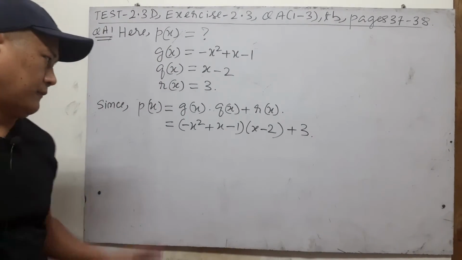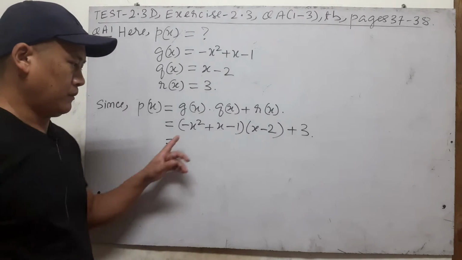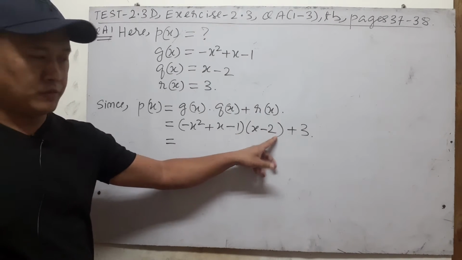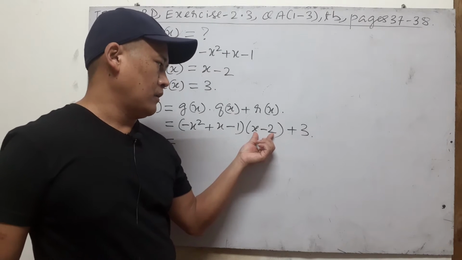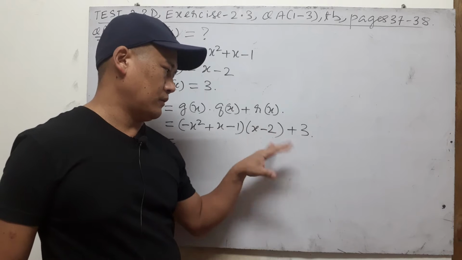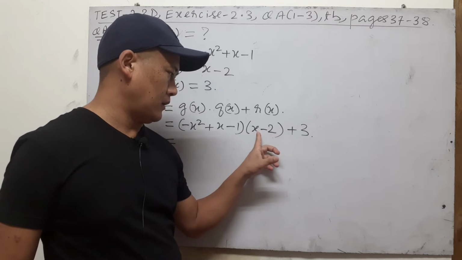So let us simplify it. Now here, this is a trinomial, meaning it has 3 terms, and here only 2 terms. So take the binomial, which is a polynomial having 2 terms, and multiply it with the trinomial.